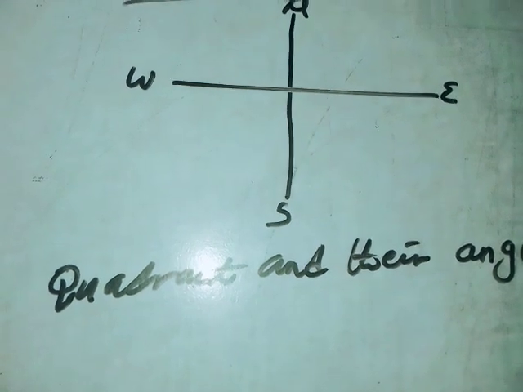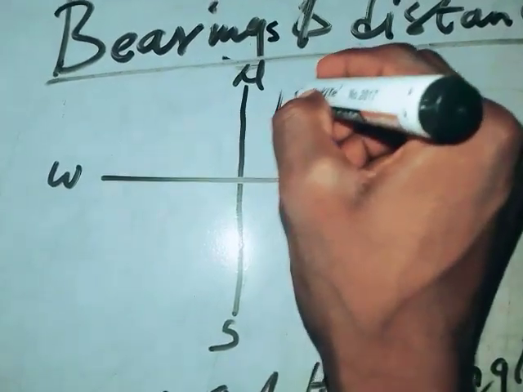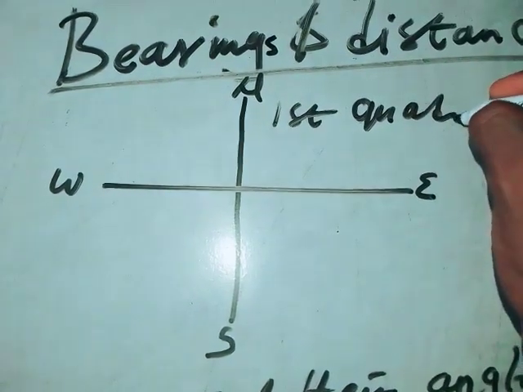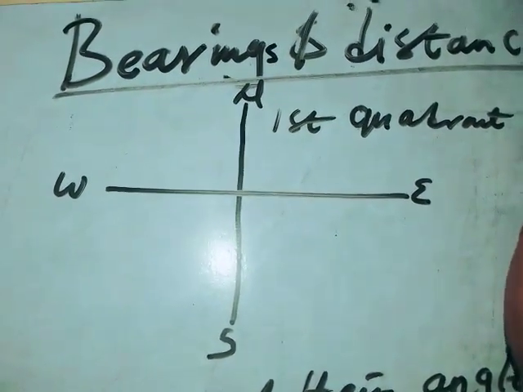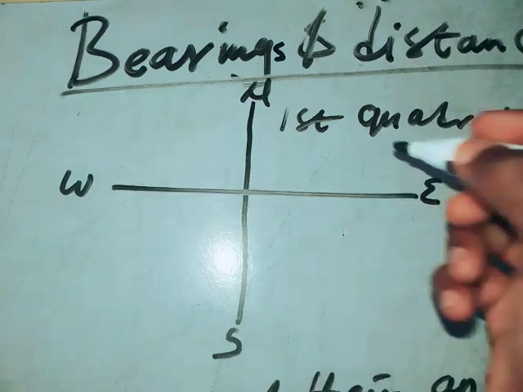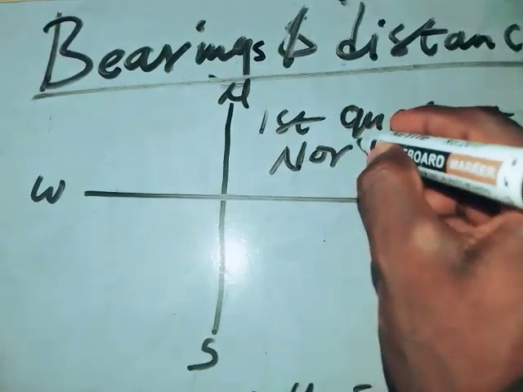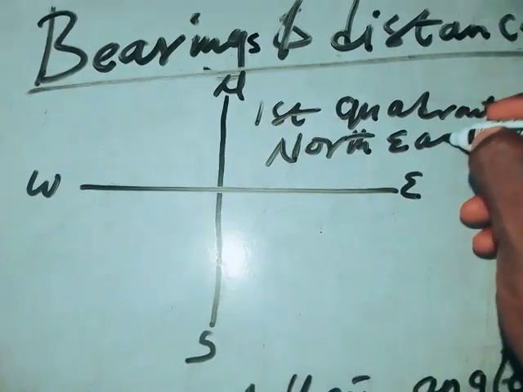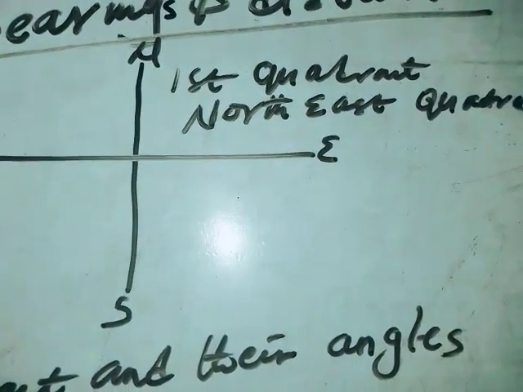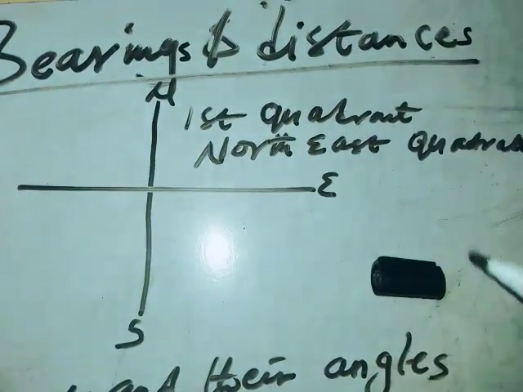Now the first quadrant is here. This is the first quadrant, and you can also call it the northeast quadrant.